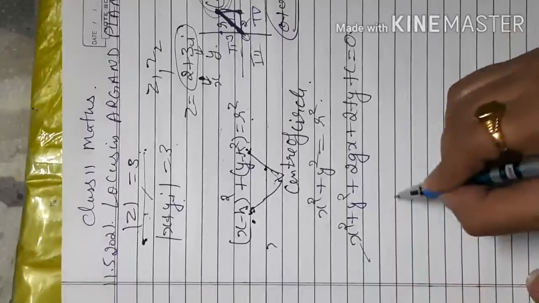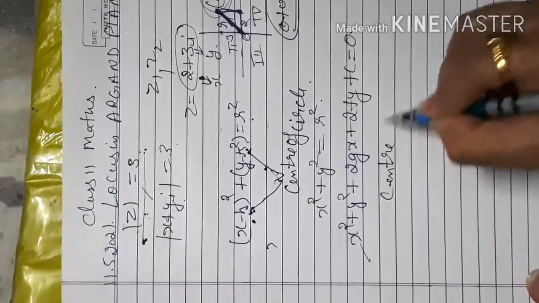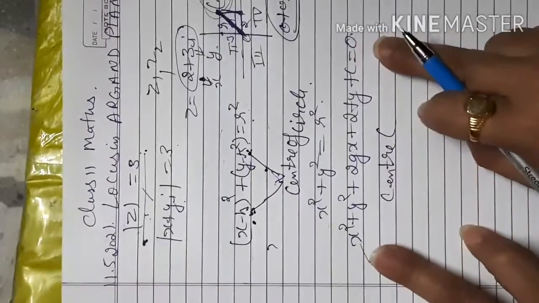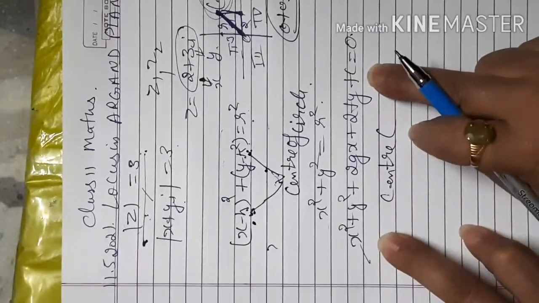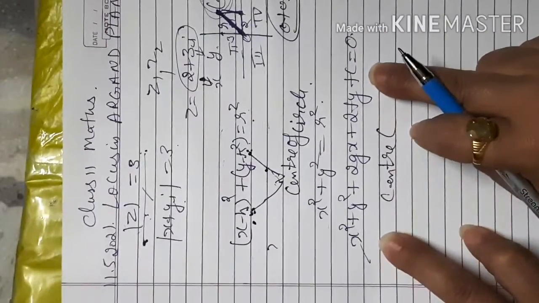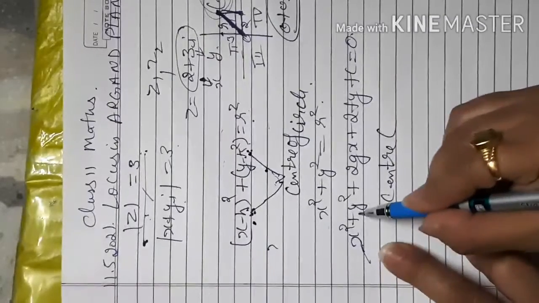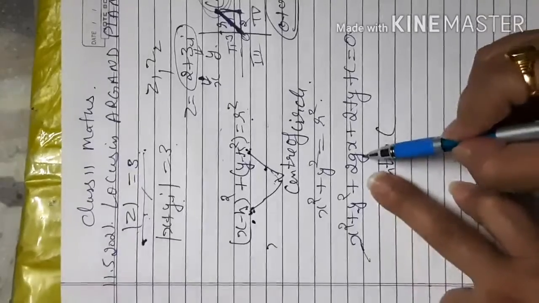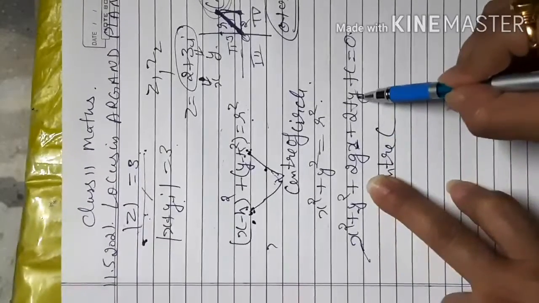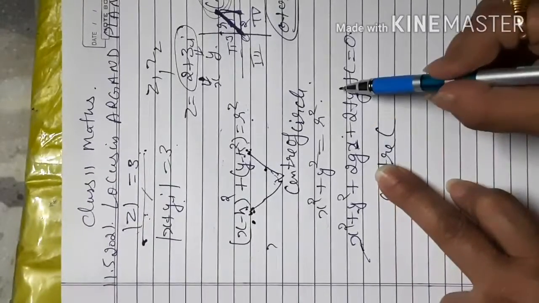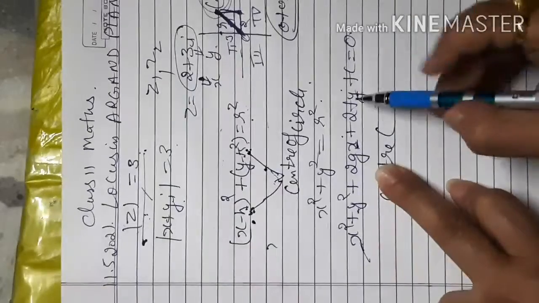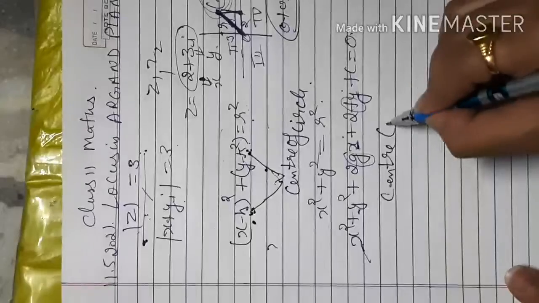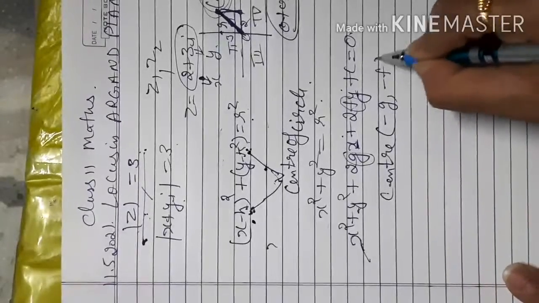Remember one thing: in the 2-degree equation of the circle, the coefficient of x square and the coefficient of y square should be the same, and there is a single x and single y, like x raised to power 1, y raised to power 1. This g and f represent the center of the circle, that is minus g, minus f.